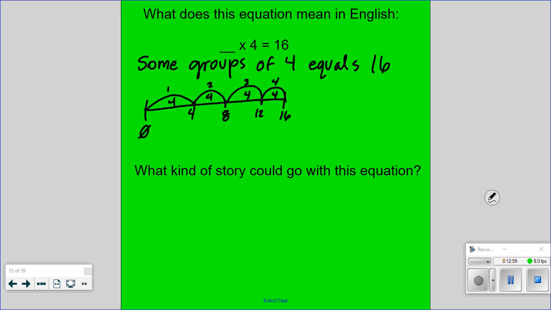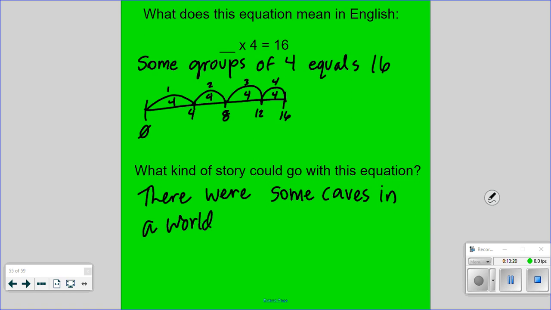Jack, get your math notebook out, please. Sean, you want to give it a go? Yes. All right, go for it. There were some caves in the world of Minecraft. There were, I'm writing, some caves in a world in Minecraft.